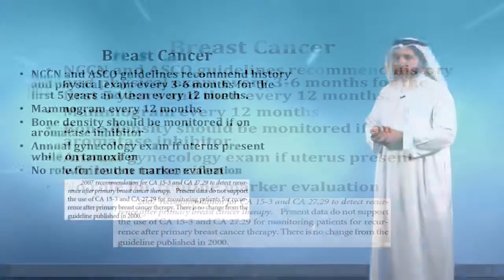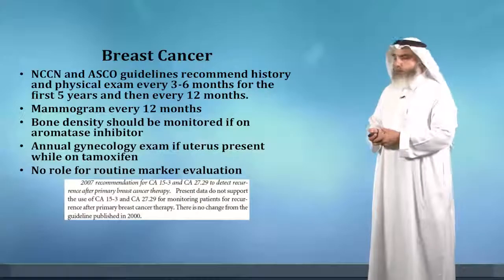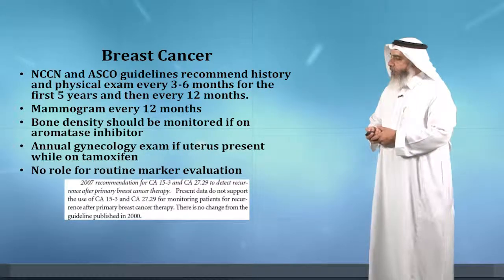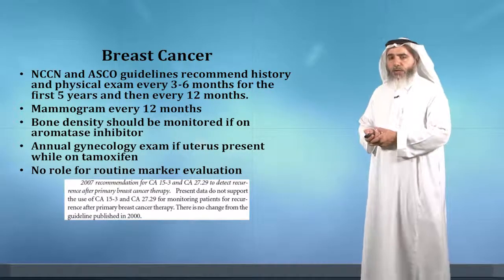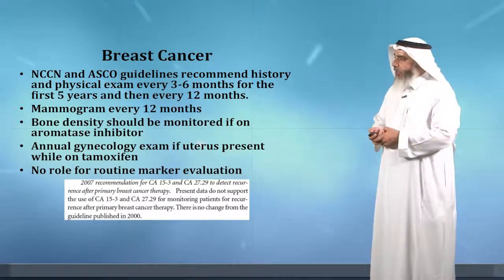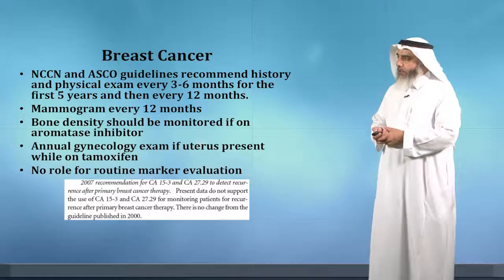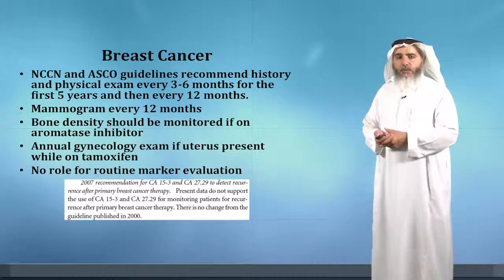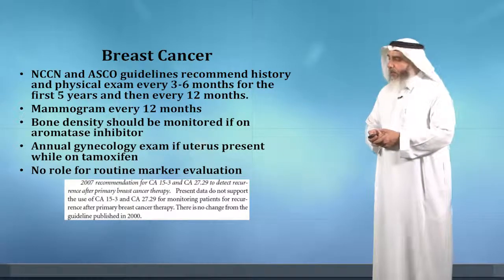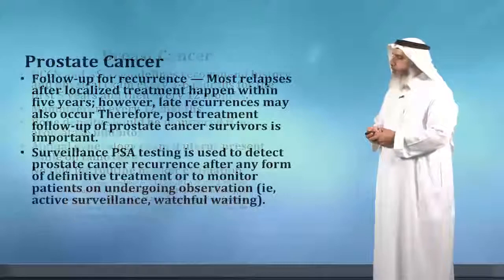Annual gynecological examination is important for patients on tamoxifen therapy, because tamoxifen causes endometrial hyperplasia and sometimes endometrial cancer. There is no role for tumor markers, so there is no specific blood test for breast cancer follow-up.